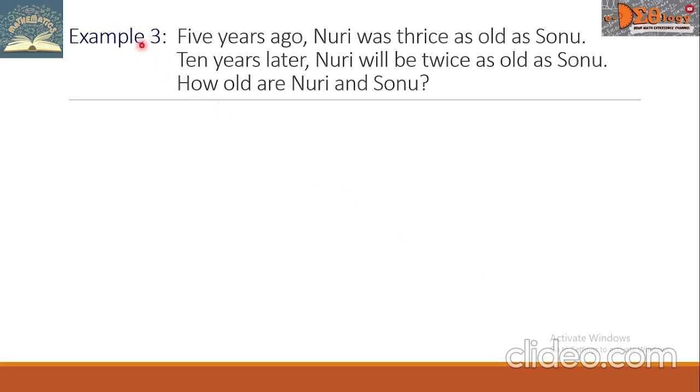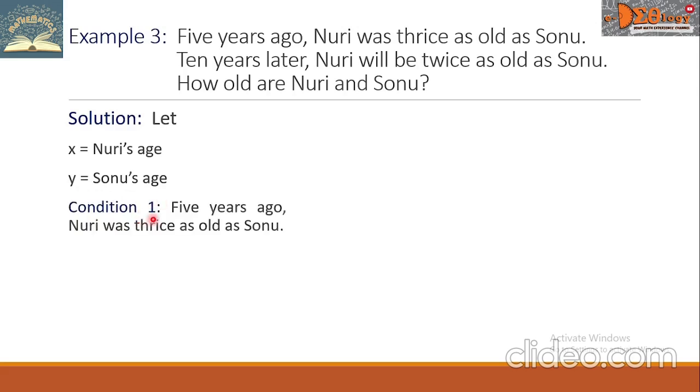Example 3. 5 years ago, Nuri was thrice as old as Sonu. 10 years later, Nuri will be twice as old as Sonu. How old are Nuri and Sonu? We let x be Nuri's age. y equals Sonu's age.